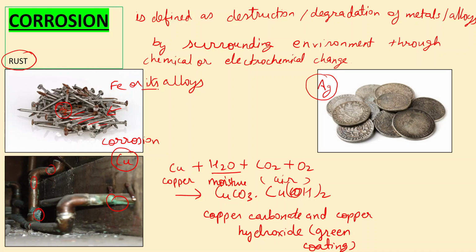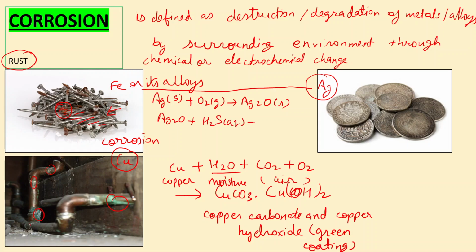Now if we talk about silver, I am going to write the reaction for silver. This is silver, it reacts with oxygen to form silver oxide. Then silver oxide finally reacts with hydrogen sulfide, which is aqueous, to form silver sulfide plus water, liquid. So these are the two reactions which occur when the corrosion of silver takes place.